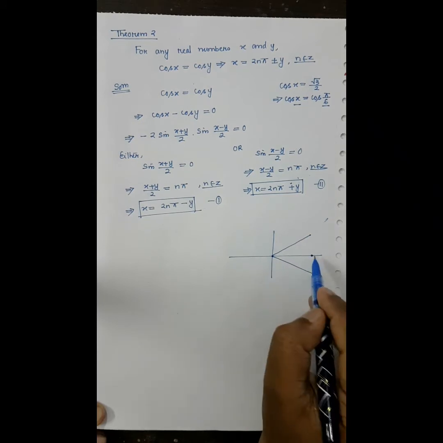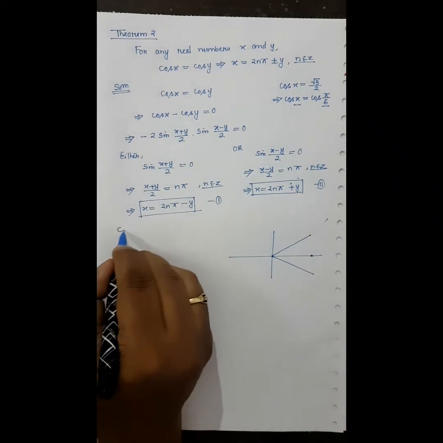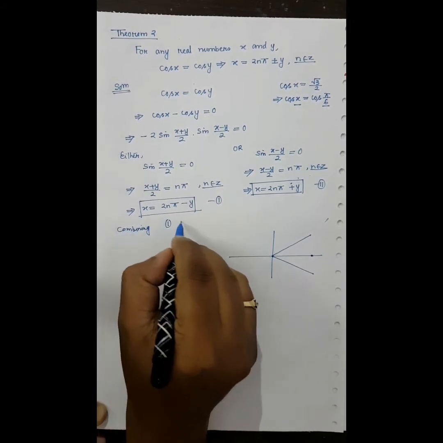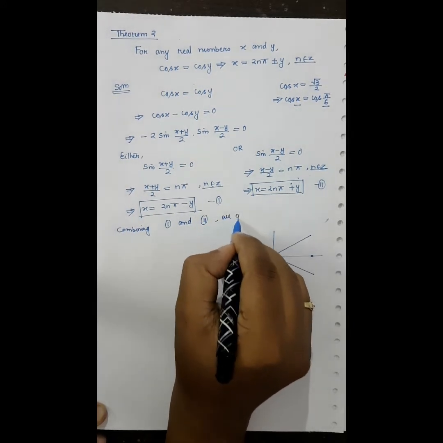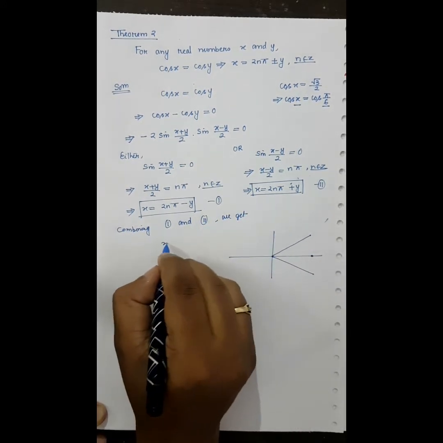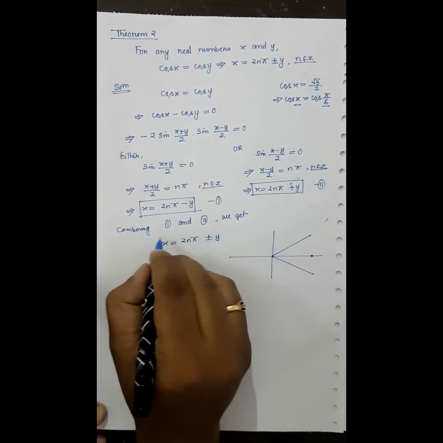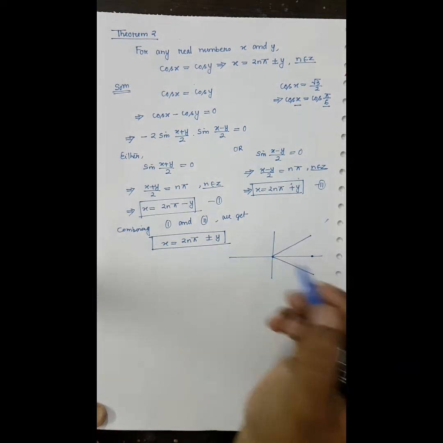So this is 2n pi plus y, 2n pi minus y. Okay, so combining 1 and 2, we get x equal to 2n pi plus minus y. This is the general solution of cos x is equal to cos y.